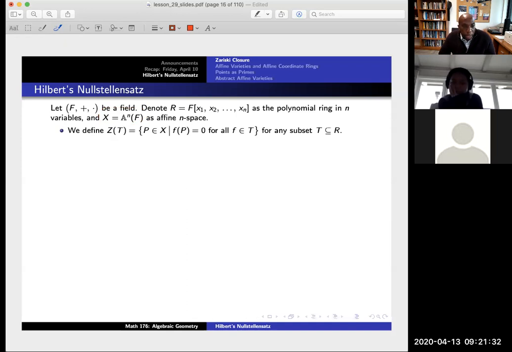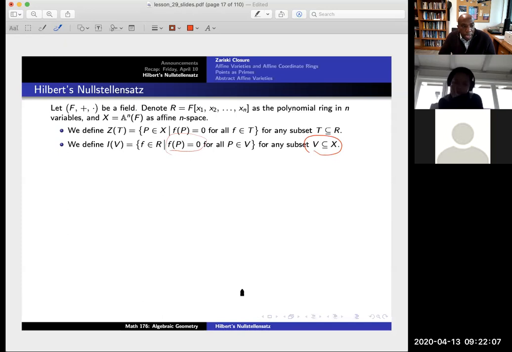We'll define, just like before, Z of T to be the set of points where everything in T vanishes. So again, Z of T will be the set we're calling a closed set. And let's let I of V be the set of polynomials that vanish along a subset V. Let's take a subset V, and let's ask for all of the polynomials that vanish along this subset.